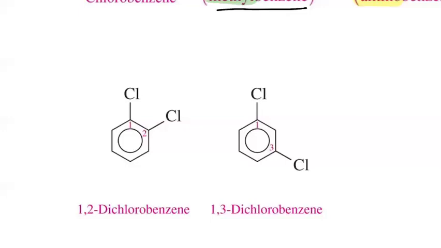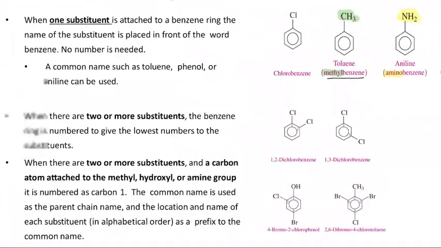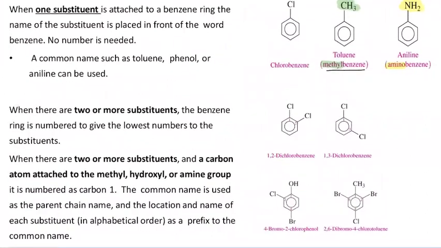But what if our substituents include that CH3, that NH2, or that OH? Well, when that happens, okay, when you have two or more substituents, and one of the carbon atoms is going to have one of those signature substituents that I mentioned earlier, that methyl, hydroxyl group, or that amine or amino group, okay?